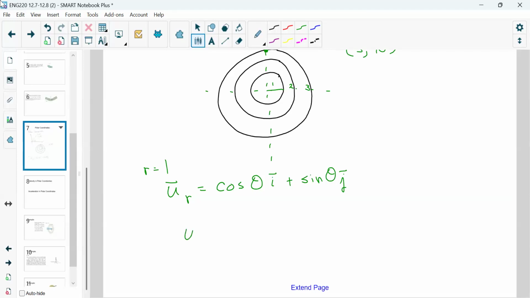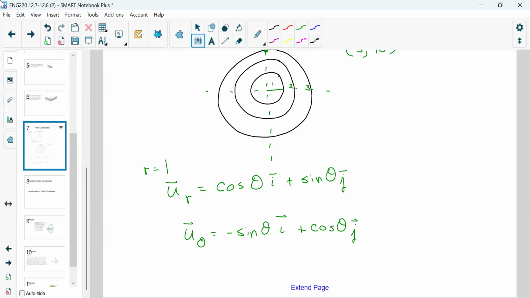If we have the unit vector of theta, that's going to be then negative sine of theta in the I direction plus cosine of theta in the J direction.